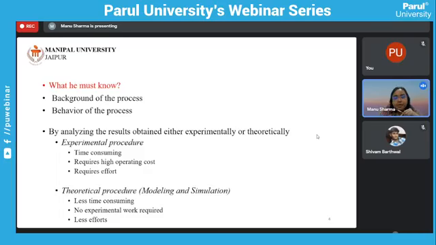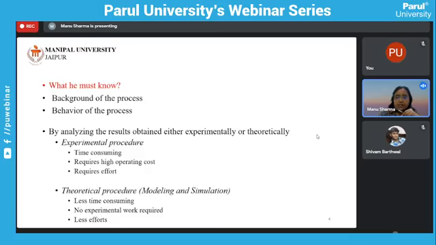Once we know every in and out of the process, we can transform that process into a set of mathematical equations. We can program that, or we can develop that mathematical model, and we can validate that model with the available experimental results, and we can predict, if any parameter is changing, what will be the behavior of the process based on the mathematical equations.